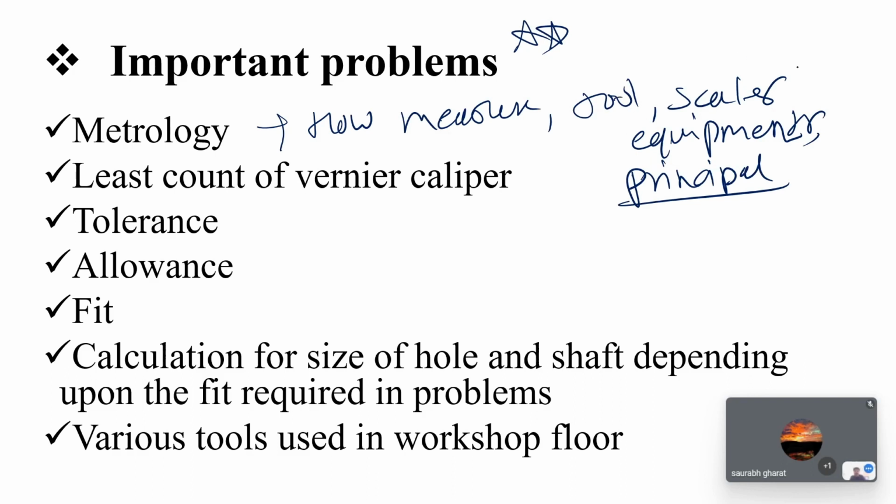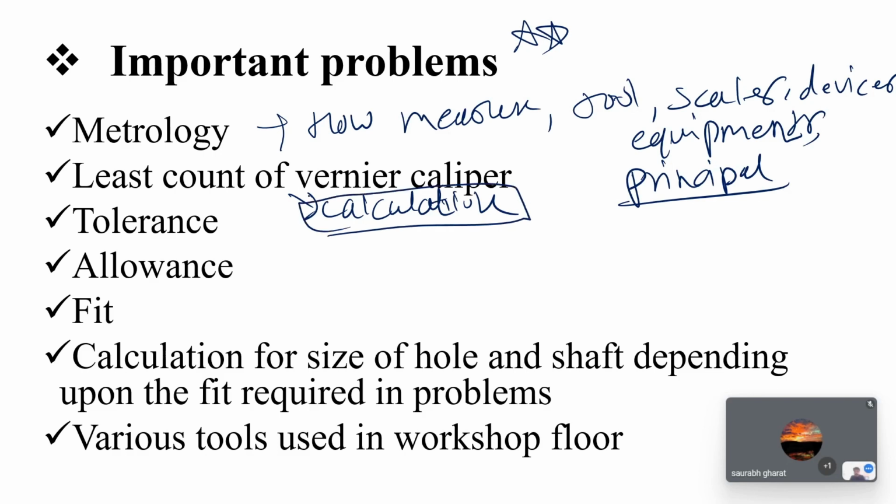Measuring devices mostly means the device and least count calculation. Then tolerances, unilateral and bilateral, like up and down, plus and minus.